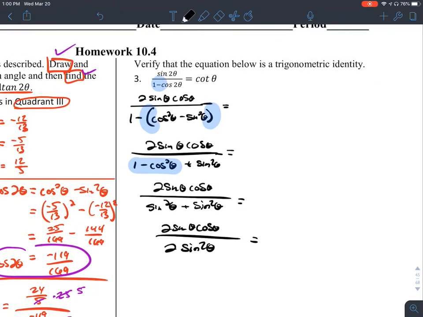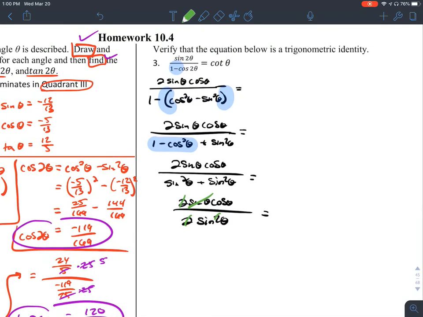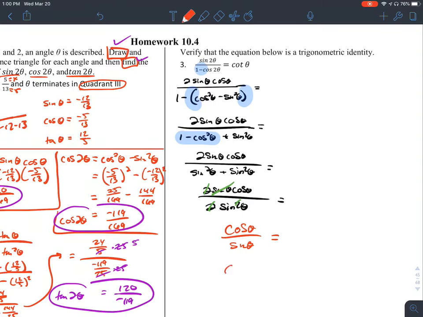Now at this point, using some algebra, I can see that 2 divided by 2 cancels, sine divided by sine squared cancels, and I'm left with cosine of theta over sine of theta, which the right side has been all along in the form of cotangent of theta. Cool.